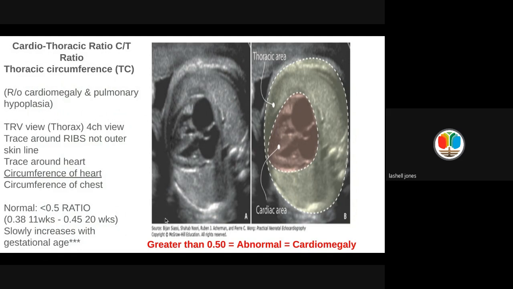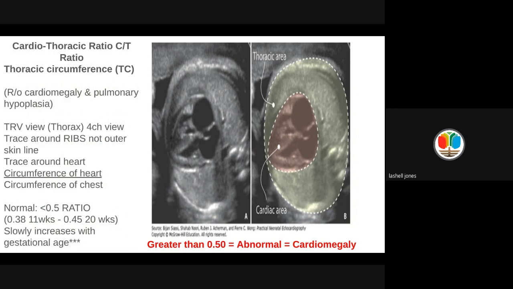With your cardiothoracic ratio, you're ruling out cardiomegaly and pulmonary hypoplasia. Your normal value is less than 0.5. If it's greater than 0.5, that is abnormal, which means there is a suspicion of cardiomegaly.